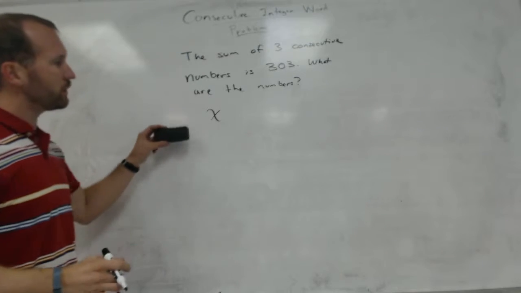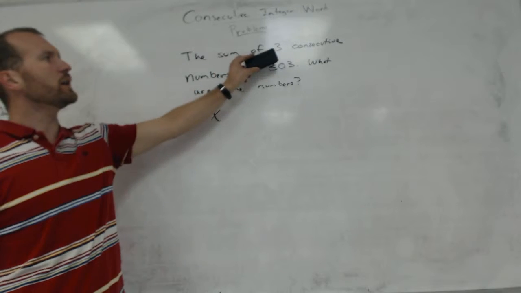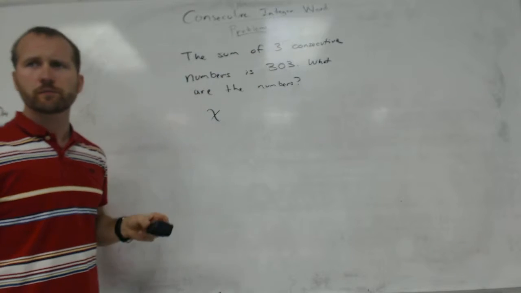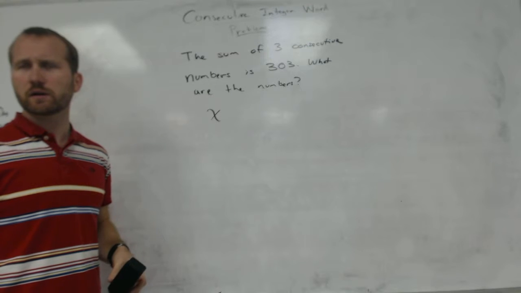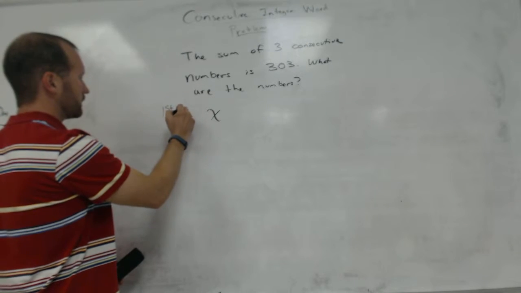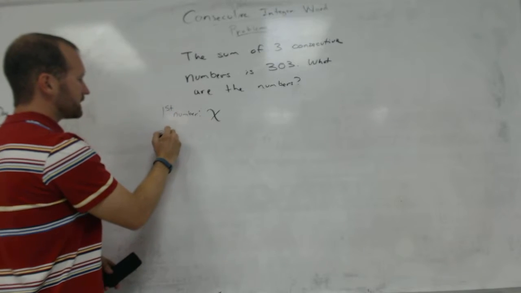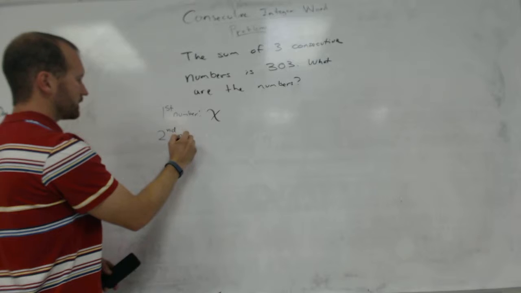So if the first number is x, and I'm looking for three consecutive numbers, what is the next number? First number is x. What is the next consecutive number after x?